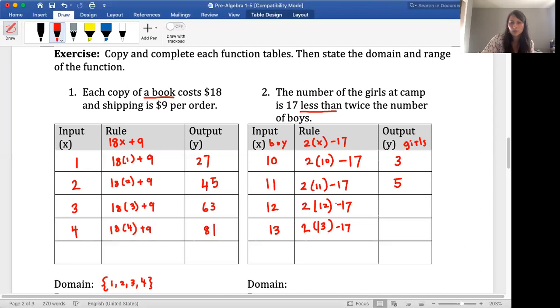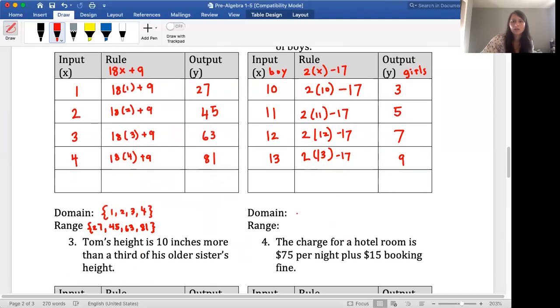So 2 times 12 is 24, 24 minus 17 is 7. And then 13 times 2 is 26, 26 minus 17 is 9. So your domain would be 10, 11, 12, 13. And then your range would be 3, 5, 7, and 9.